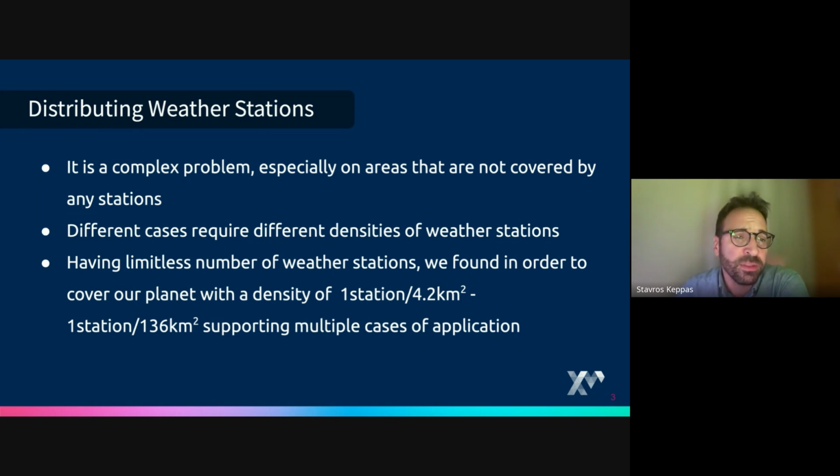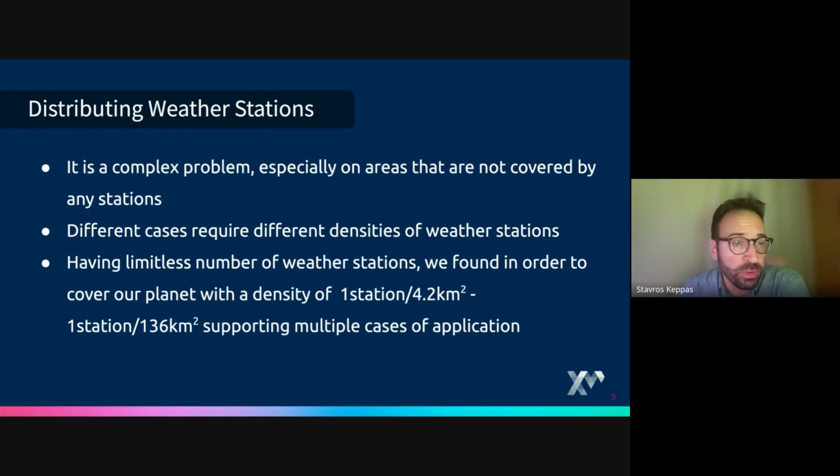Of course, different cases require different densities of weather stations. As an example, we need different spatial densities for monitoring the air flow within wind farms, or for identifying damage by a hailstorm, for example, for insurance market purposes.